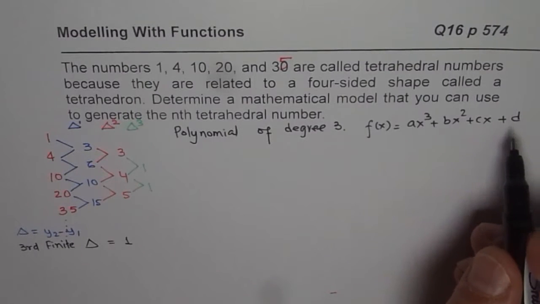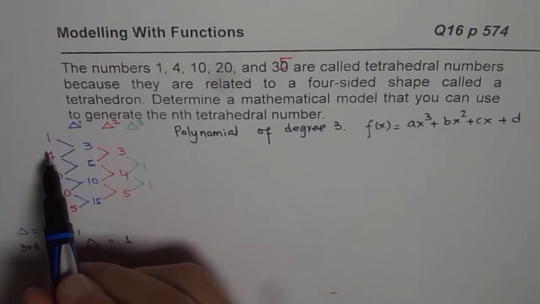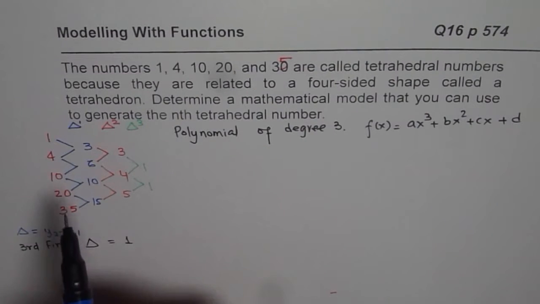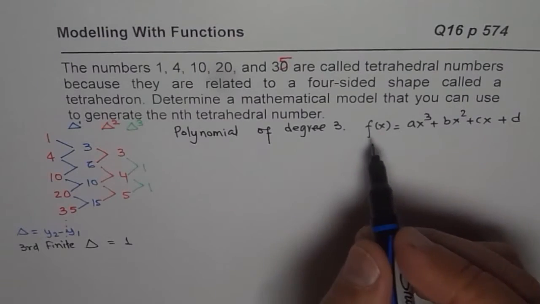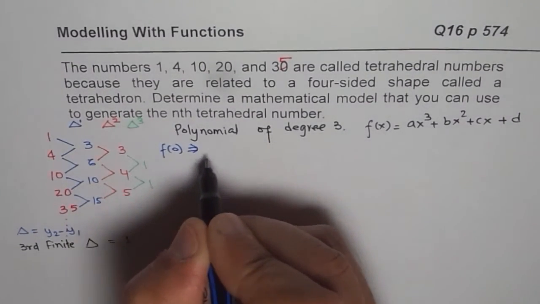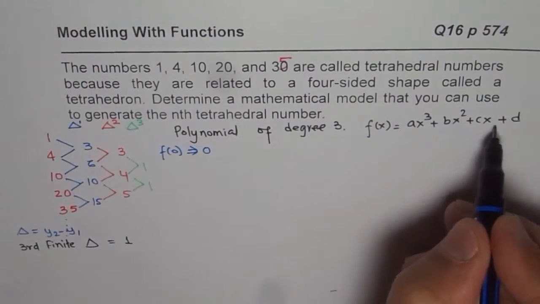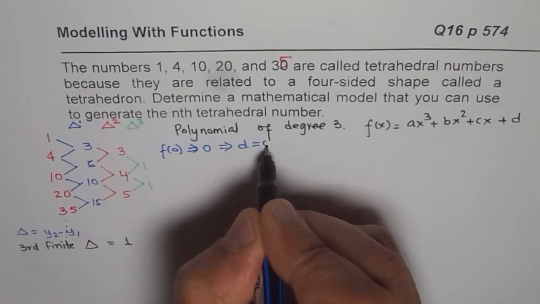First, we will assume that the series really starts from 1, 4, 10 and so on. If I put x equals 0, I should not get any number, right? So for f of 0, I am expecting 0. If I put 0 here, then d should be 0. So that implies d equals 0.